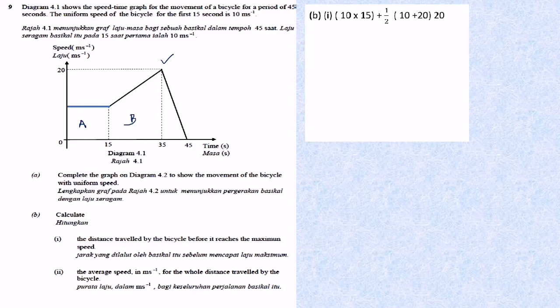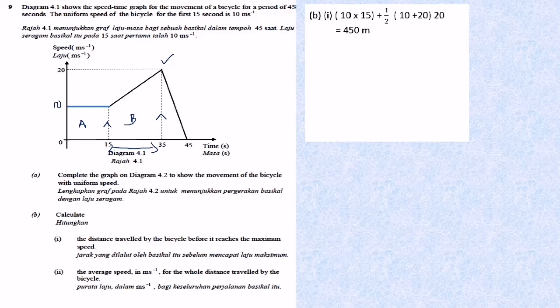Area B is a trapezium, so 1 over 2 times the sum of two parallel lines, which is 10 plus 20, times the distance between the two parallel lines, 20, equals 450 meters.